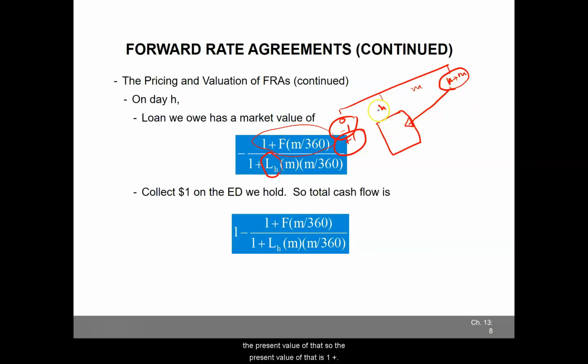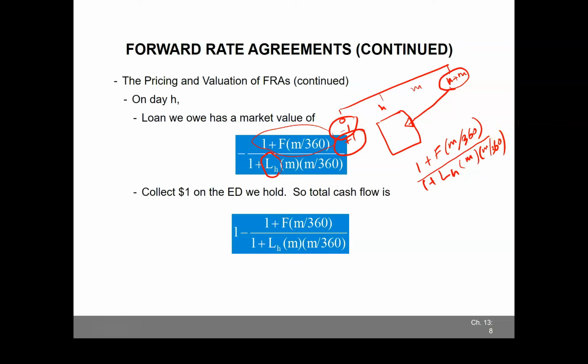So the present value of that is 1 plus FM over 360. That is the future value that we owe at H plus M day. But since we want to estimate its value here on day H, we will have 1 plus the interest rate prevailing on this day times M over 360.